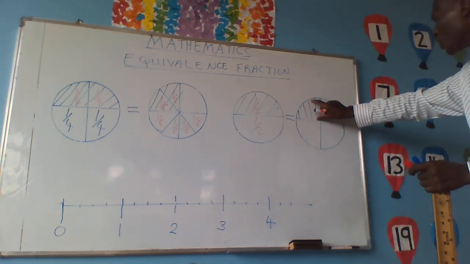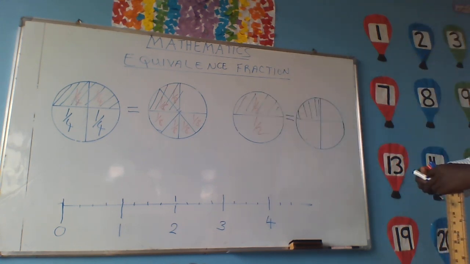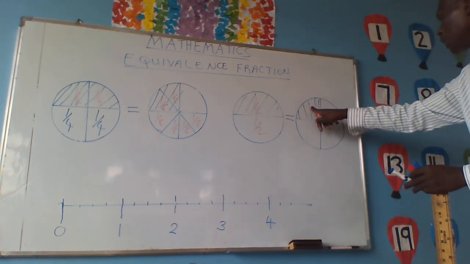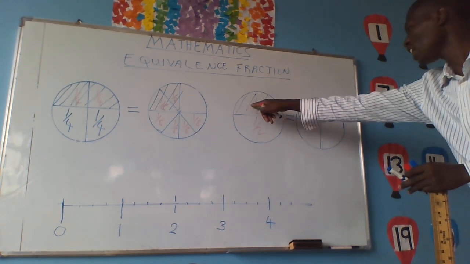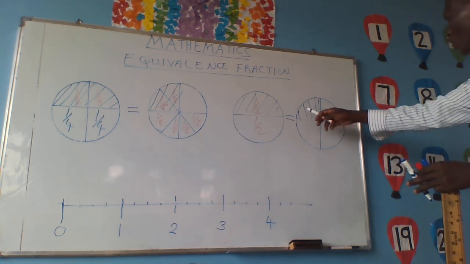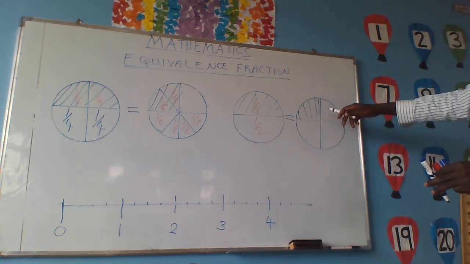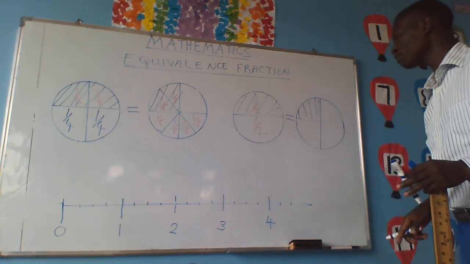This one is equal to a quarter, which is equal to a half of this one. That means quarter plus quarter is equal to a half of this part. So if you add a quarter of the shaded part two times, you will get a half of it.